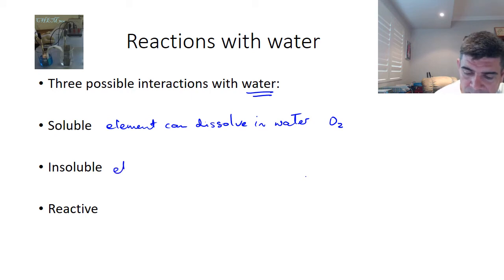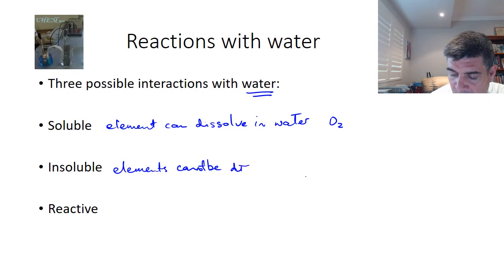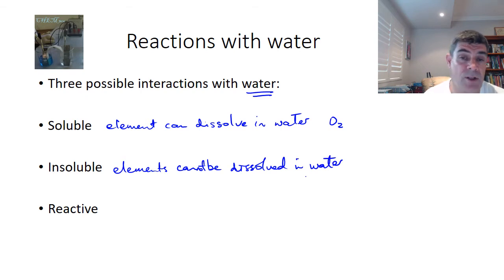Of course, elements can also be insoluble, so cannot be dissolved in water. And we see this sometimes, certainly certain types of metals that are not in the third category can just simply sit in water.